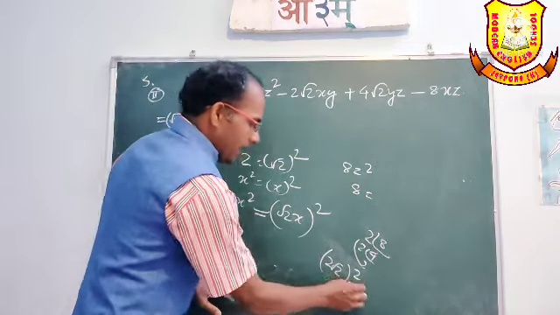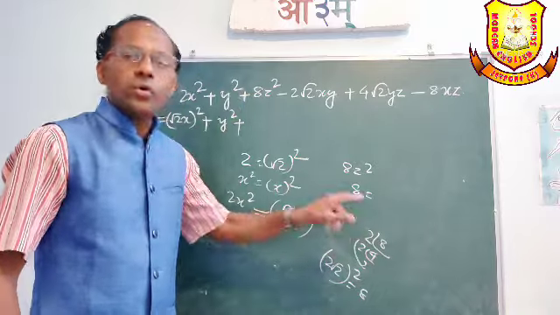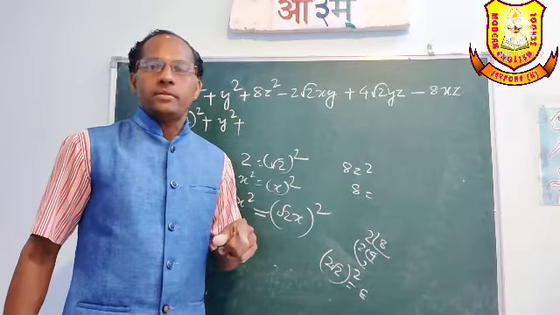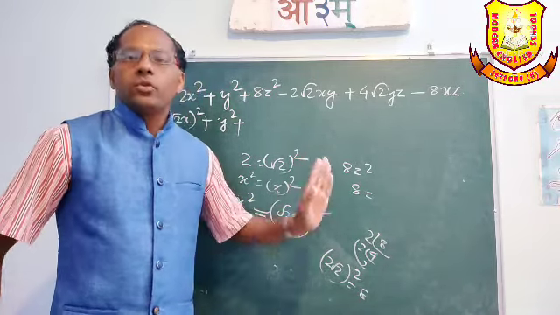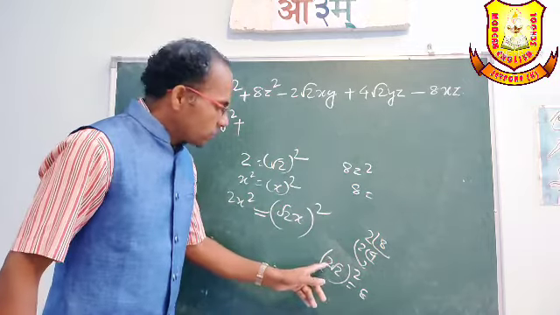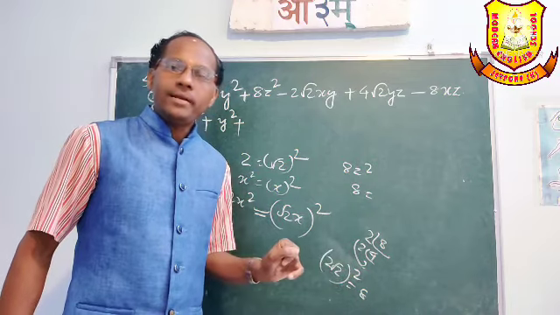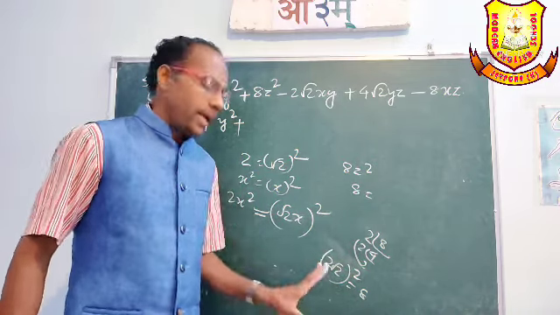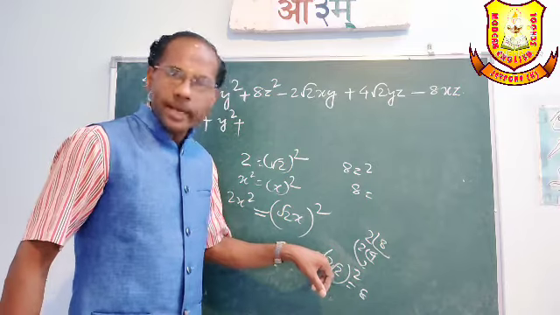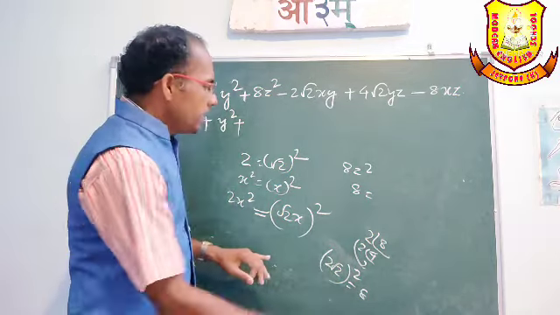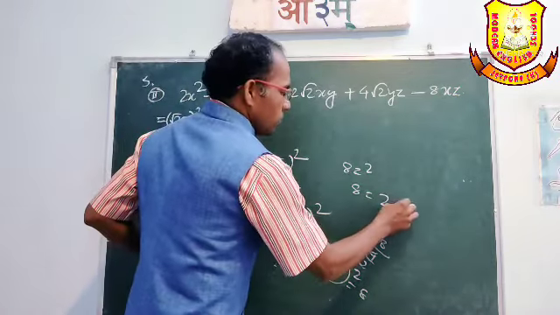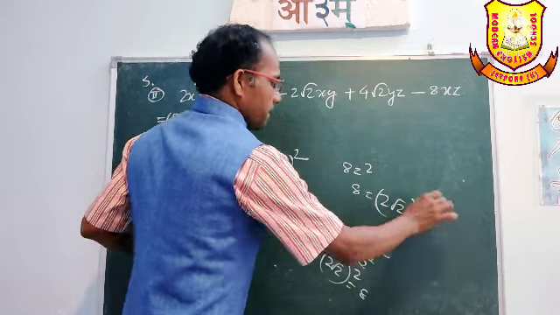So 8 equals (2 root 2) whole square. Keep in mind 8 equals (2 root 2) whole square. 2 square equals 4, root 2 square equals 2, 4 into 2 is 8. So the square root of 8 equals plus or minus 2 root 2. Here we will take 8 equals (2 root 2) whole square.